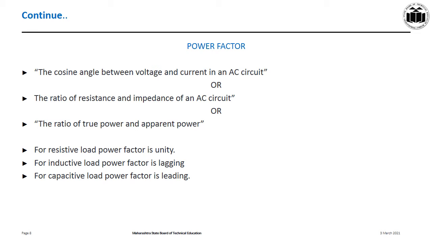As we have seen, values range from -1 to +1. So learner, just keep in mind for the purely resistive load, power factor value is unity. For inductive load power factor is lagging and capacitive load power factor is leading.